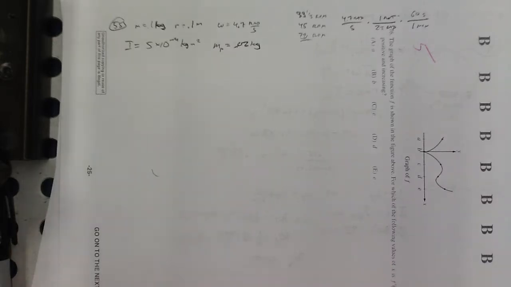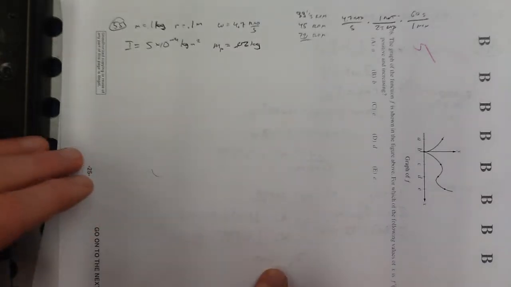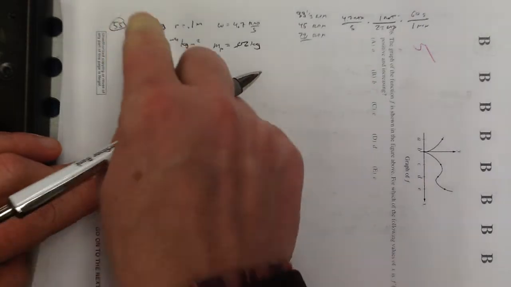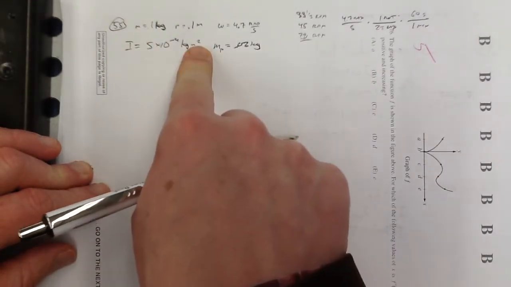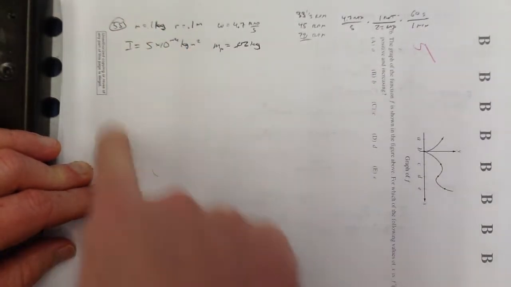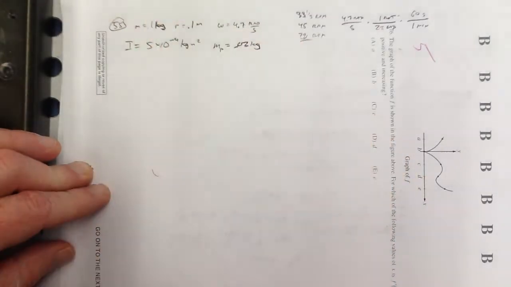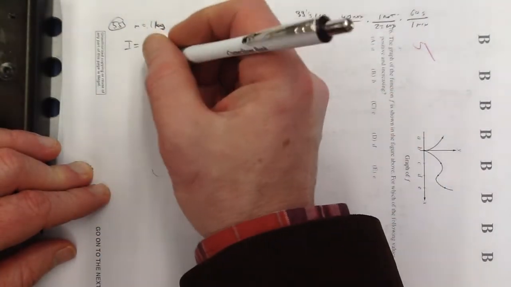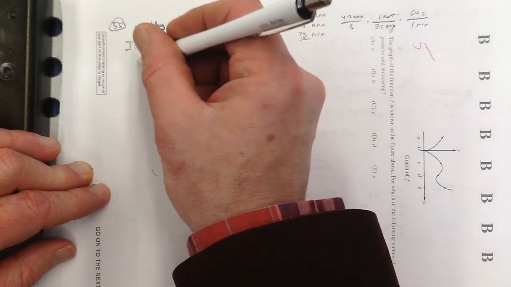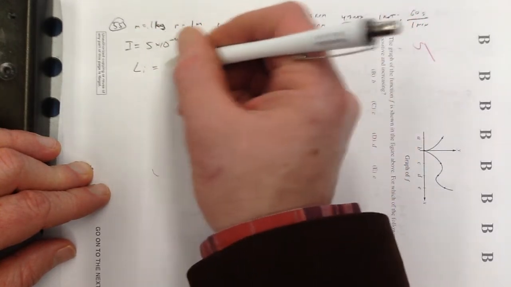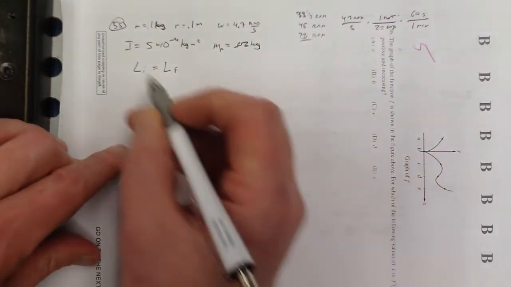So this is kind of like the kid jumping onto the merry-go-round. It's not kind of like it, it's exactly like that. Except for, in this case, the record, the disk is moving and the particle is attaching afterwards. So we have initial angular momentum equals final angular momentum.